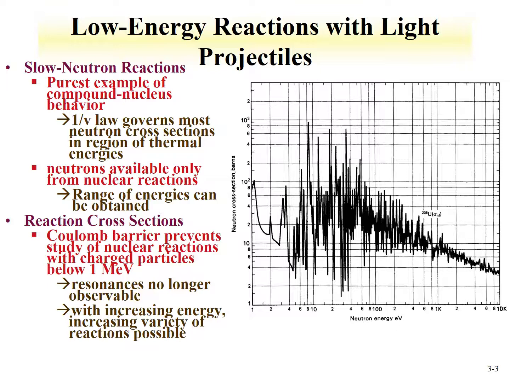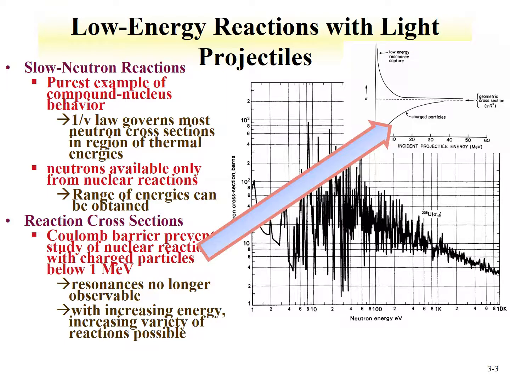Now, there are some aspects of this that are influenced by the particle. For instance, the reaction cross-sections are going to be influenced by the Coulomb barrier. And the Coulomb barrier prevents charged particle reactions below 1 MeV. Here's an example of what one can see if we evaluate this for neutron energy.